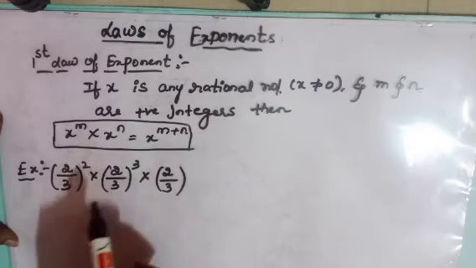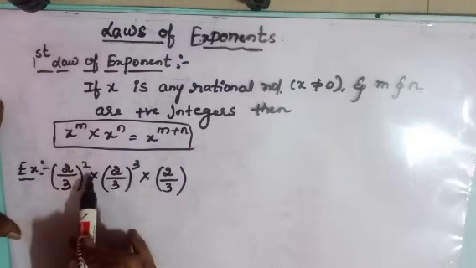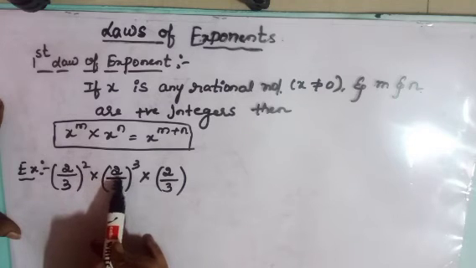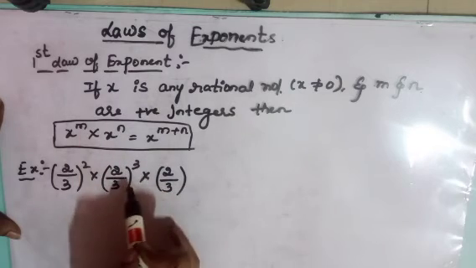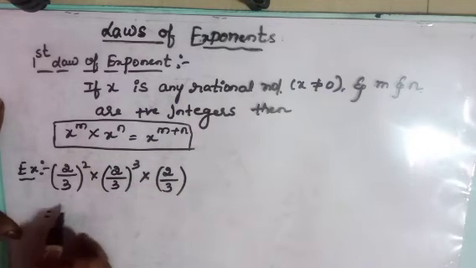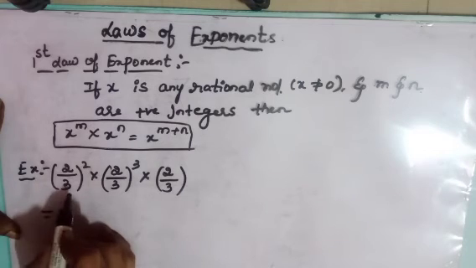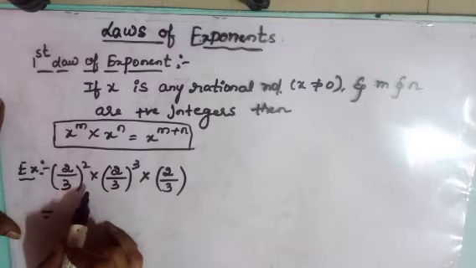Next, let us solve one more example, that is 2 by 3 whole square into 2 by 3 whole to the power of 3 into 2 by 3. So how to solve this problem? We can apply the first law.